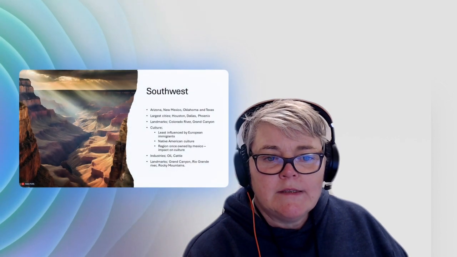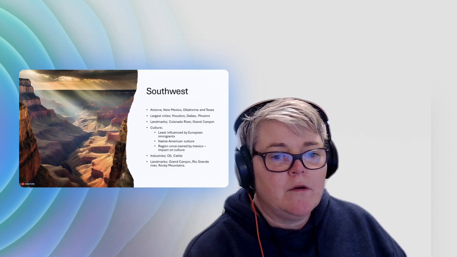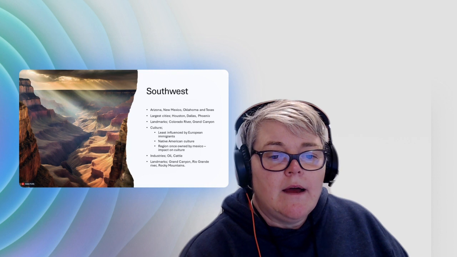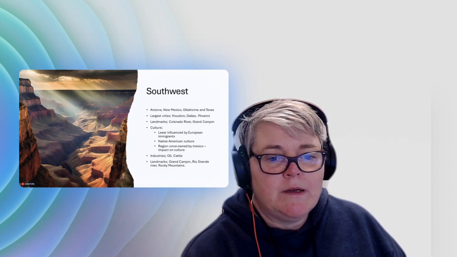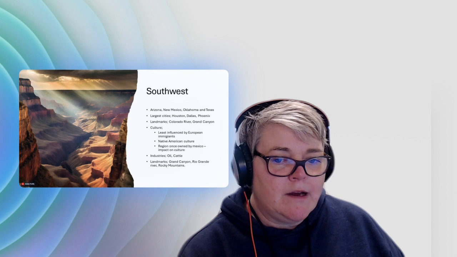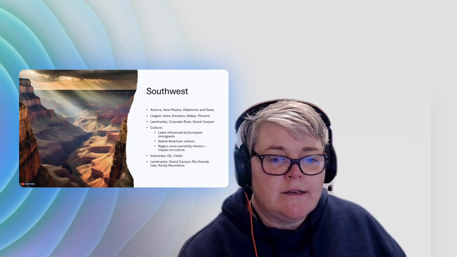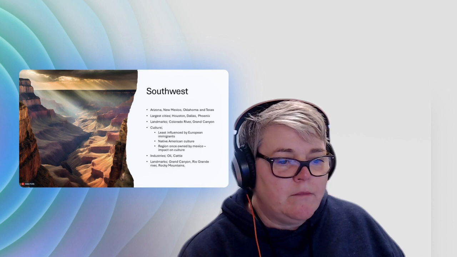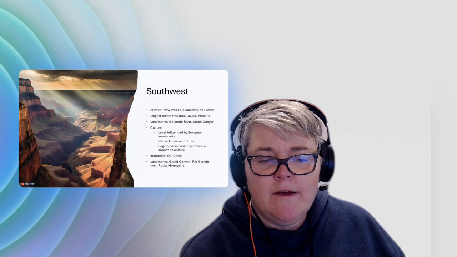Moving on to the Southwest, this is the region with the fewest states: Arizona, New Mexico, Oklahoma, and Texas. This is the region that is least influenced by European immigrants. This is because it was once owned by Mexico. So Mexico and Latin America have a strong impact on the culture in this region. In addition, Native American culture is also big in the region because there are still a lot of Native Americans who live here.